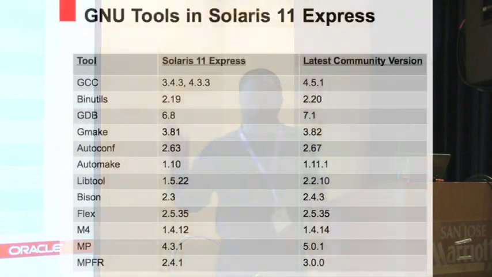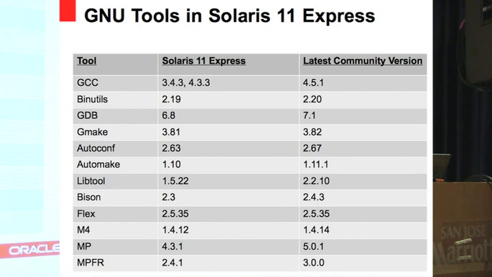Just a quick snapshot of where the community is with the tools and what's provided in Solaris Express. When you download or install Solaris 11 Express, you can get these versions as well. They are almost entirely very close to the latest community versions.